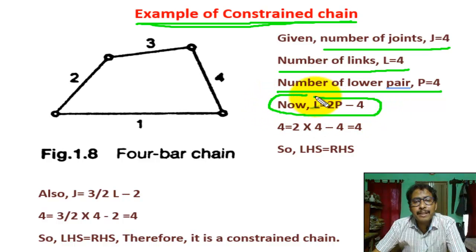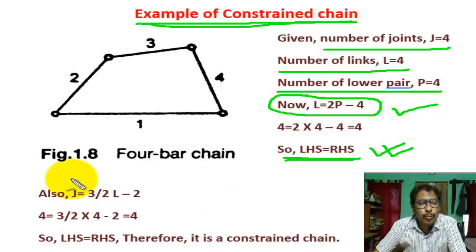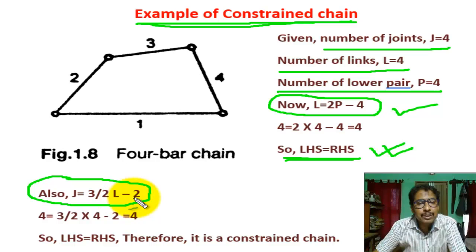From this equation we know L equal to 2P minus 4. L equal to 4; 2 into P equal to 4 minus 4 equal to 4. So the left side equals the right side. Also in equation 2, J equal to 3 by 2 into L minus 2.